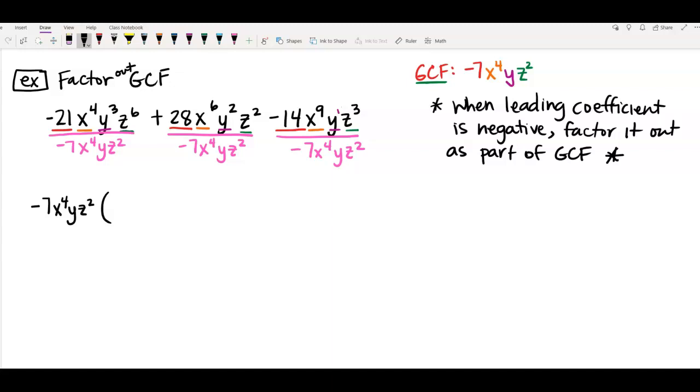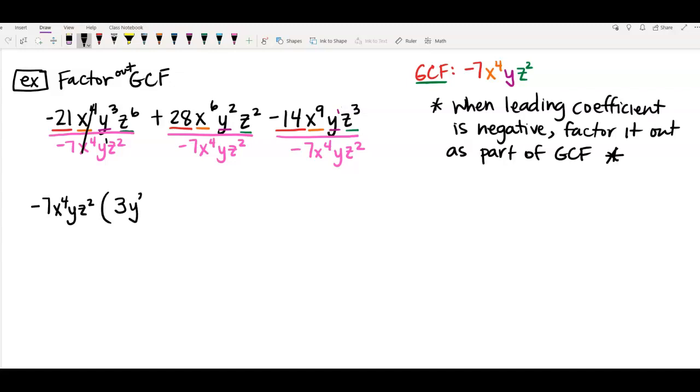Okay, so on this first one, negative 21 divided by negative 7 is a positive 3. X to the fourth divided by x to the fourth, well that's the same thing divided by itself, which is just 1, so there's no x's left there. Y to the third divided by y to the first, right, would leave us y to the second.